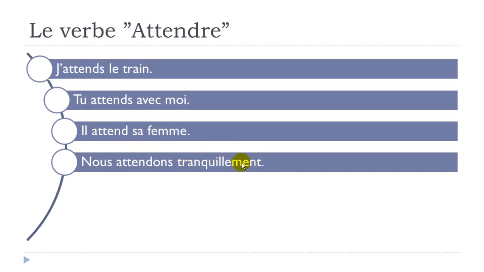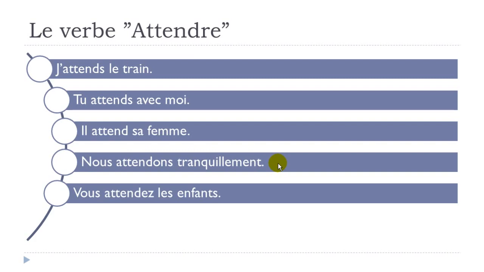It ends with ment, which is one of the classic endings for adverbs. We'll have the time to see that a bit later. Basically you put this adverb after your verb: nous attendons tranquillement.